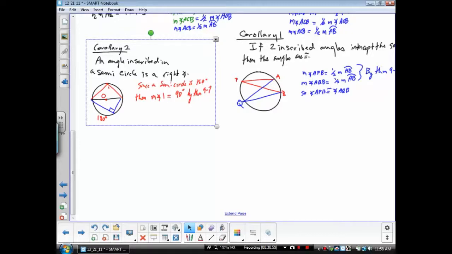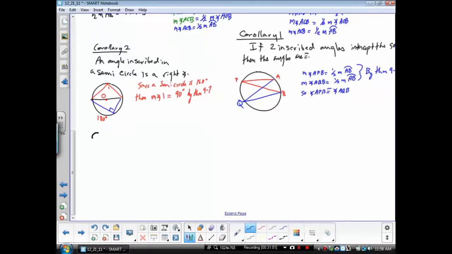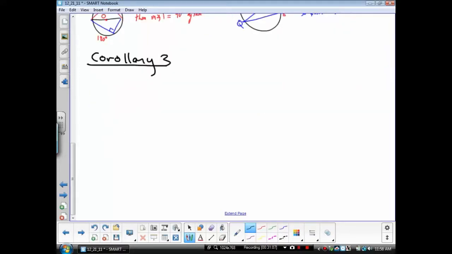Corollary 3 says if a quadrilateral is inscribed in a circle, then its opposite angles are supplementary.